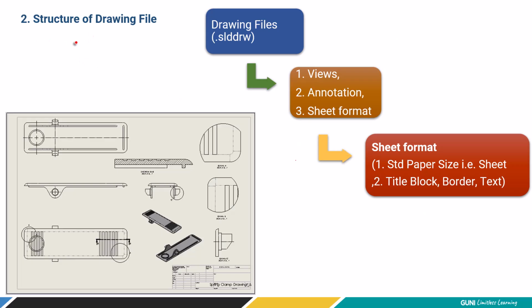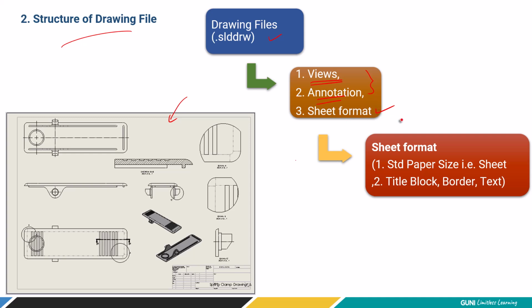If you look at the structure of a drawing file, in SolidWorks a drawing file has the extension .slddrw. Now a single drawing file has, for example, views and annotation. Annotation means dimensions, notes and so on. Now apart from that, the drawing has a sheet format in it.